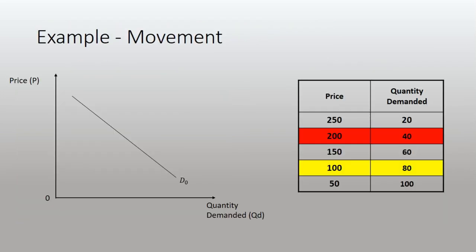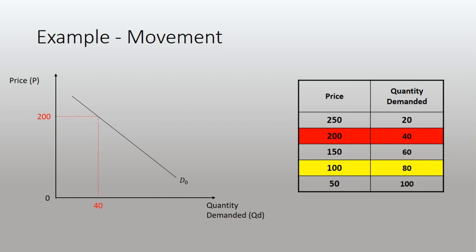We'll use the example from previous, using only price 200 and 100. So let's say a business decides they are going to sell a good at price 200. We then can see that the quantity demanded at that price is 40. We can then draw our lines to illustrate this combination.